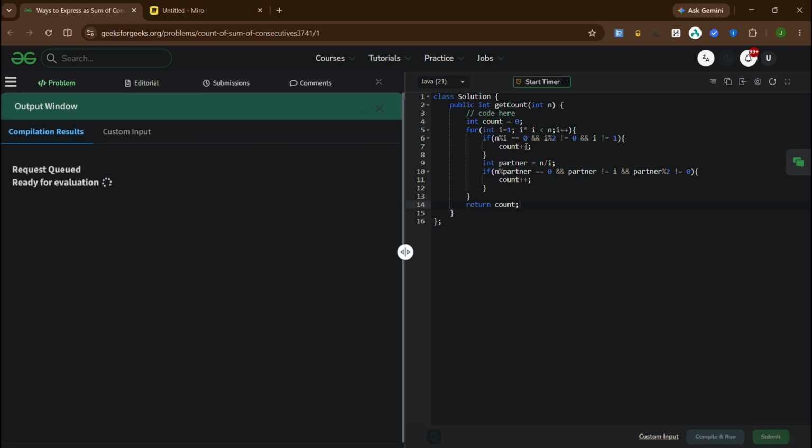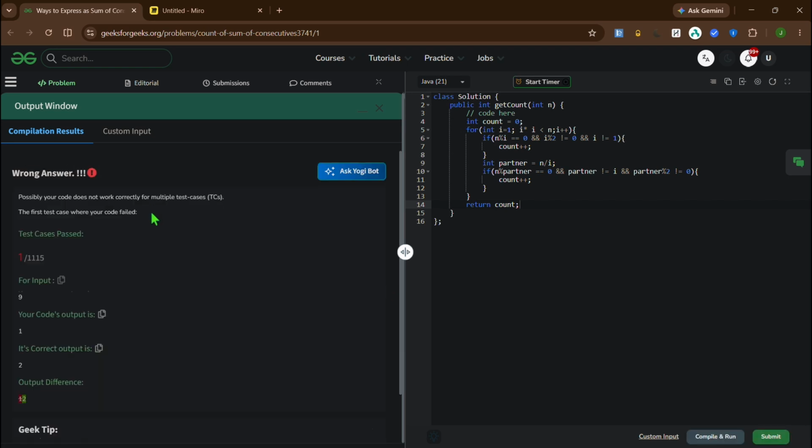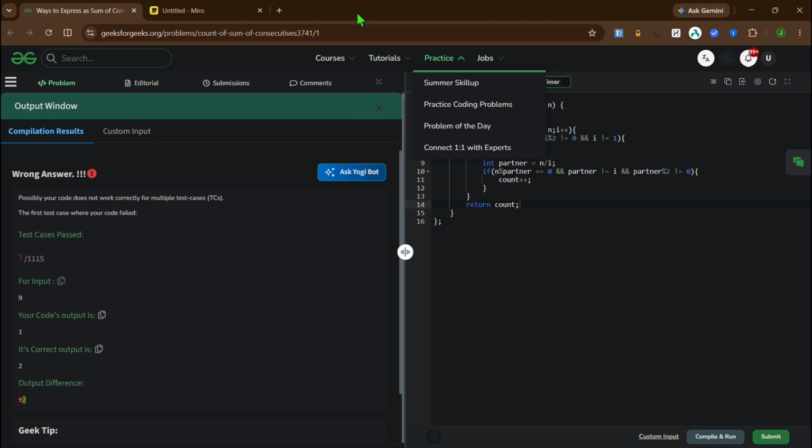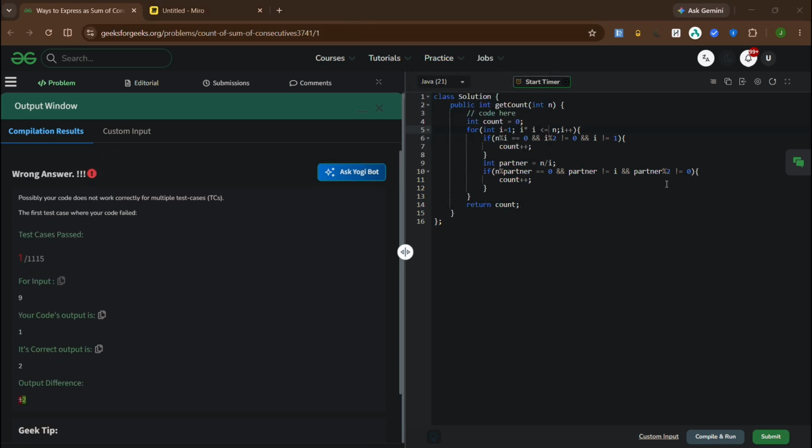Let's compile it. Current output is 1. Okay, so for this case, I was missing the equals sign, as 3 into 3 equals 9. 3 is a valid answer for us, but we were using less than, so the condition was evaluating to false.